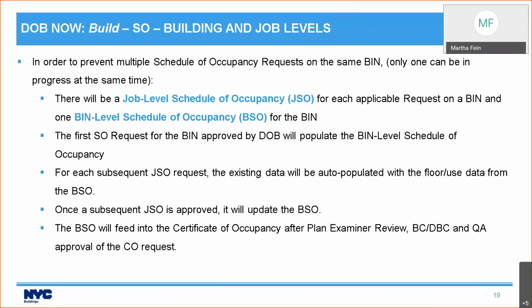And you can make whatever changes you need to make, and I'll talk about what changes you can make. And then when the subsequent job level schedule of occupancy is approved, it will update the bin level schedule of occupancy. And then, of course, the bin level schedule of occupancy feeds into the certificate of occupancy after plan review, examiner review, BC, DBC, and QA approval.